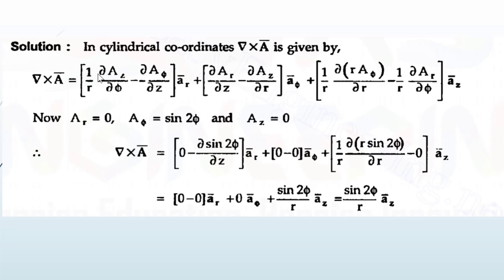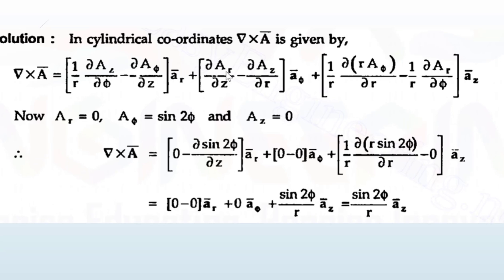After solving the determinant, we will get this equation: 1 upon r dou AZ by dou phi minus dou A phi by dou z into ar cap, plus dou AR by dou z minus dou AZ by dou r into a phi cap, plus 1 upon r partial derivative of r into A phi with respect to dou r minus 1 upon r dou AR by dou phi into az cap.